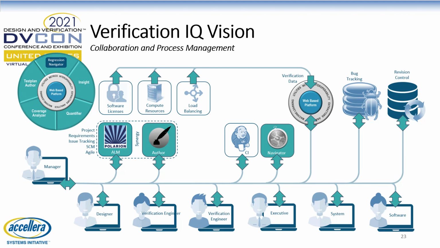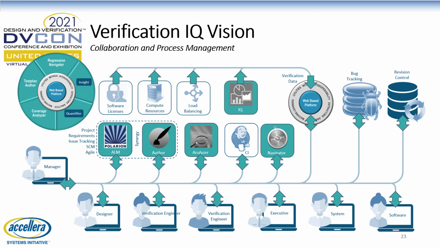Regression Navigator provides regression running with links to continuous integration like Jenkins. Coverage Analyzer is our collaborative coverage closure tool. And finally, Insight and Quantifier provide the metrics dashboarding and data analytics platform that ultimately turns all of these mounds of data into useful information.